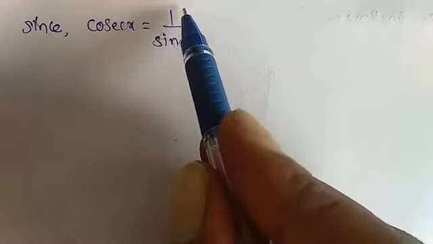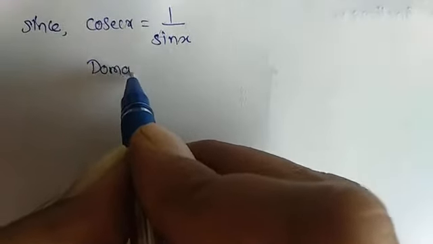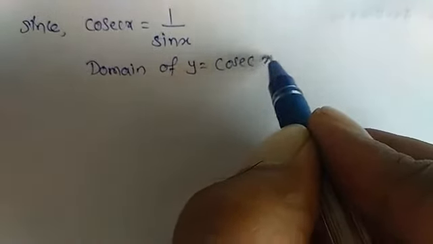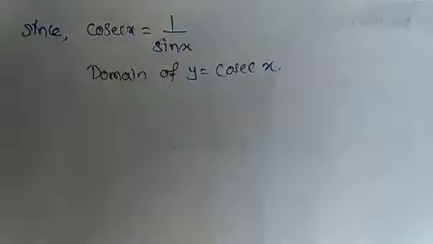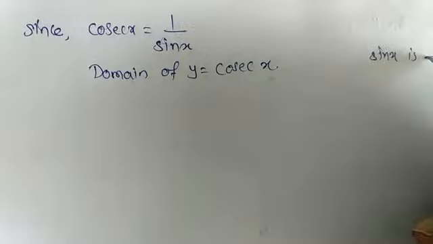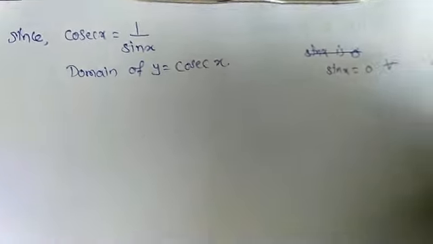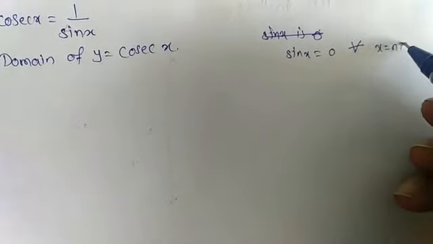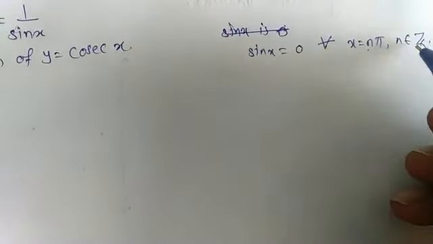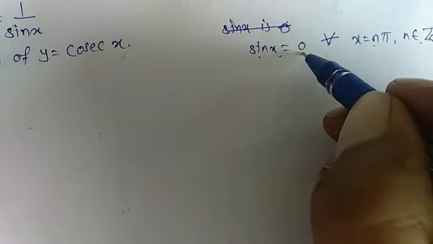Since cosec x is equal to 1 upon sin x, consider the domain of y equals cosec x. You know that sin x is equal to 0 for all x equal to n pi, where n belongs to Z. When you put n as any integer, the value of sin x is always 0.